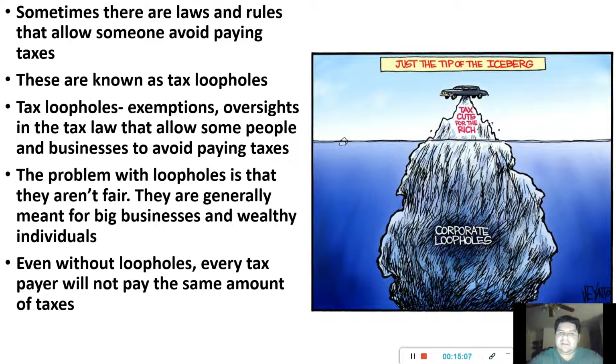How does that work? How is that fair? Again, there are tax loopholes. These are laws and rules that are created that kind of worm their way through. Tax loopholes are exemptions, oversights, and gaps in tax laws that allow some people and businesses to avoid paying taxes.